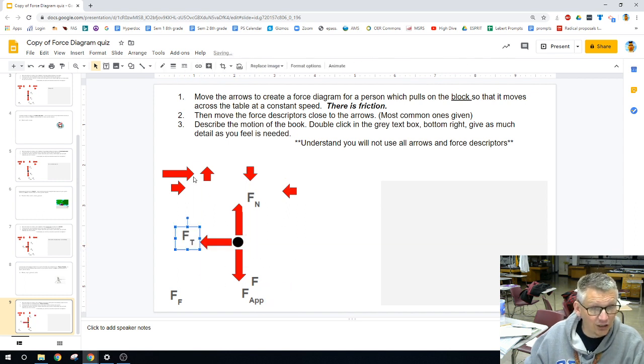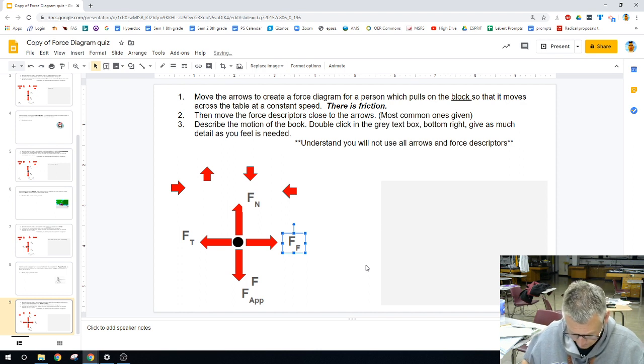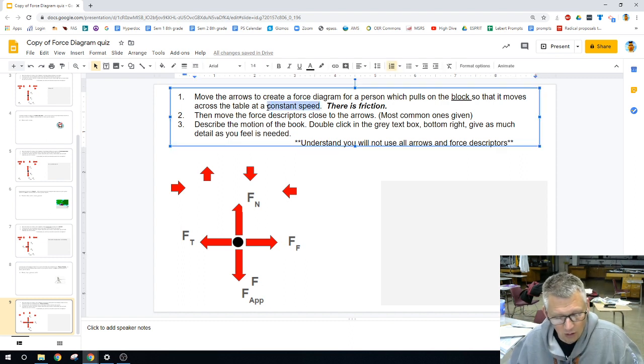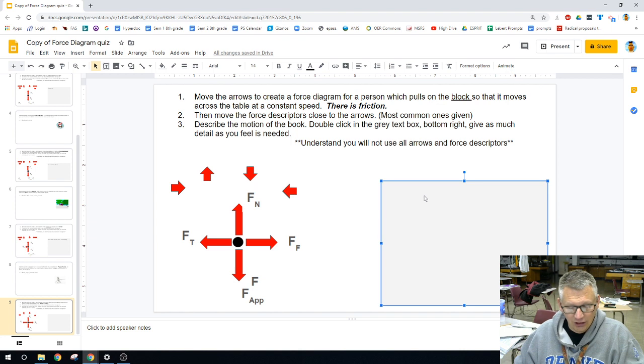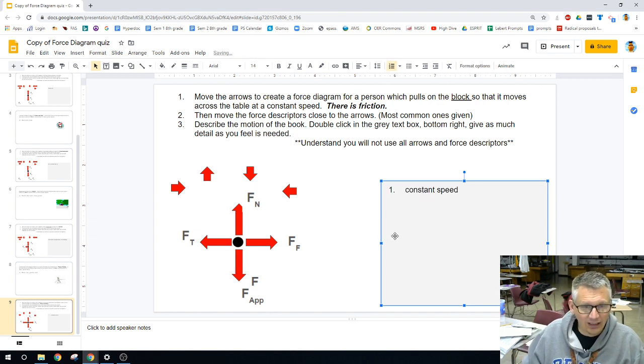So that'll be tension, and we're going to have a force to the right, and that is going to be our frictional force. And when we read it, the rope pulls on a block so that it moves across the table at a constant speed. So its motion is at a constant speed.